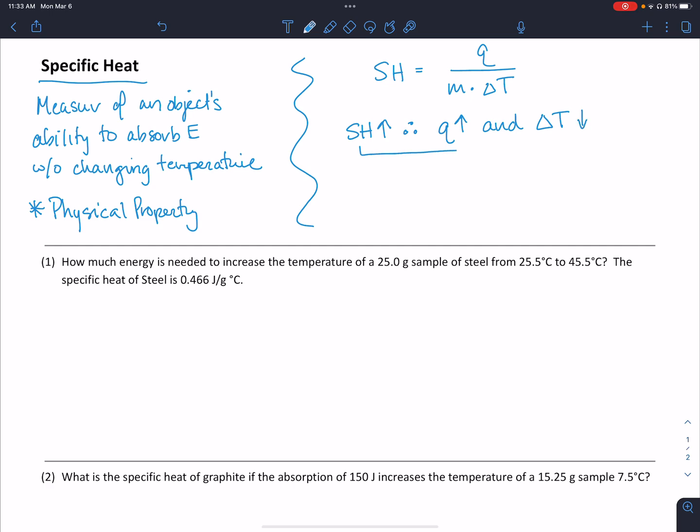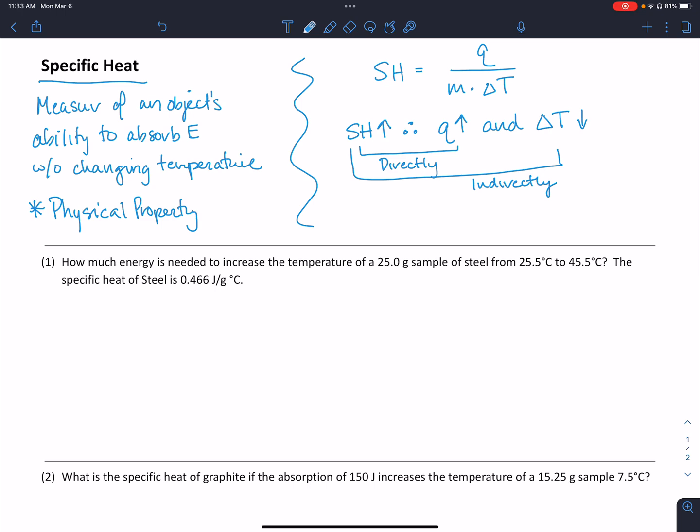So that means that the specific heat value and the energy that object can absorb are directly related to each other, whereas the specific heat and the temperature change are indirectly related. We don't really talk about specific heat versus mass because looking at different specific heat values does not actually affect matter or the amount of matter itself.